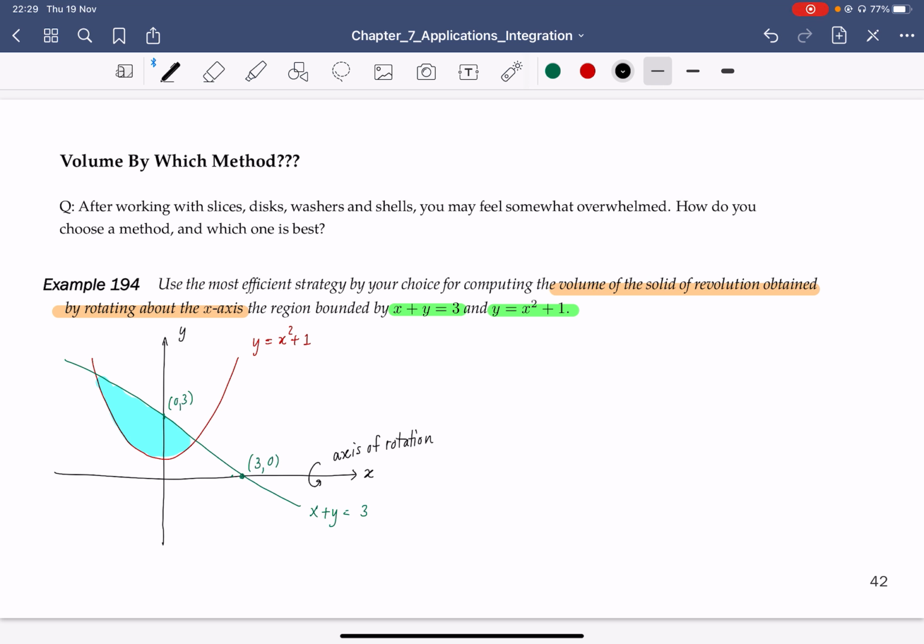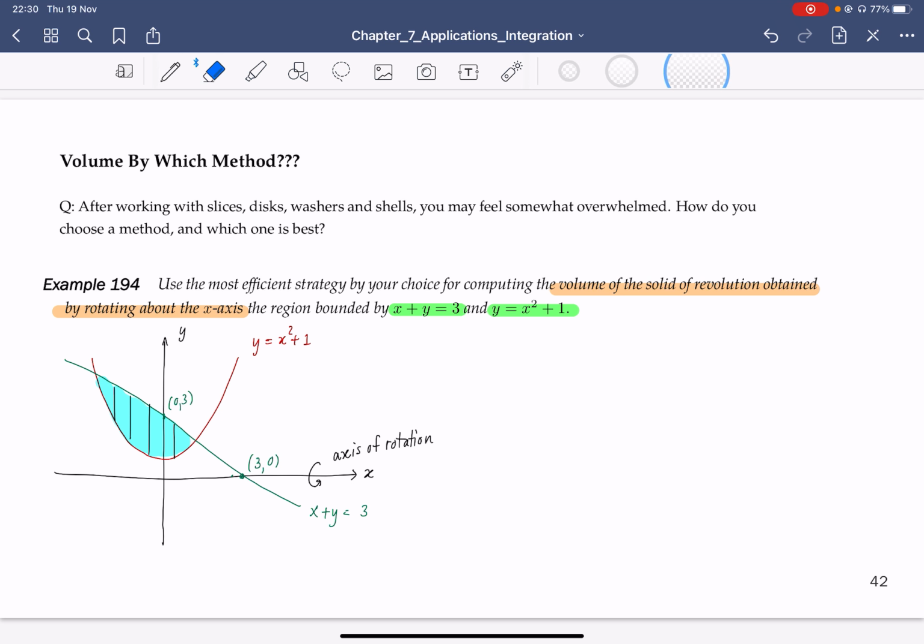The question didn't say anything about the method that you want to use. Well, you can use the washer method or shell method, whatever you want. So first of all, to rotate about the x-axis, the easier way is to draw the vertical line here. Does it make sense? Because if you draw the vertical line here, you don't have to split the region.